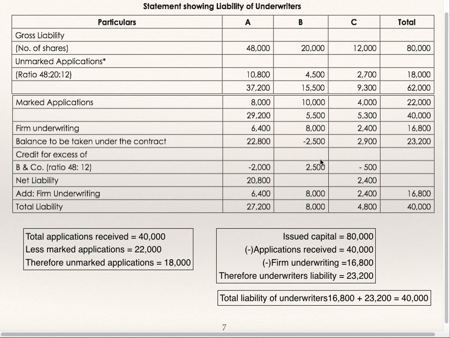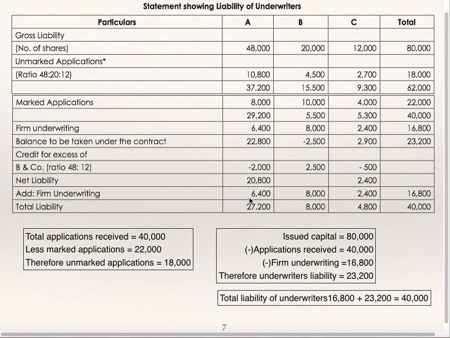Write below 2,500 positive, and this negative is to be distributed between A and C in the ratio 4 is to 1: minus 2,000, minus 500. So 22,800 minus 2,000 is 20,800. Minus 2,500 plus 2,500 is 0. 2,900 minus 500 is 2,400.